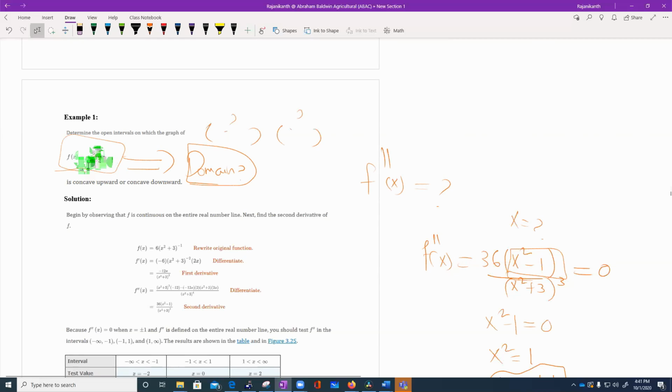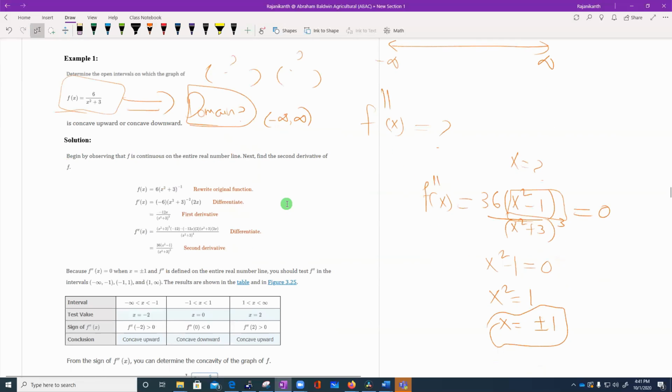Because your denominator is always positive, no matter what x you plug in. x could be 0 as well, but you will still get a positive denominator. So this function is well defined for any x value. The domain is all real values, negative infinity to positive infinity. That makes sense? Yes, sir.